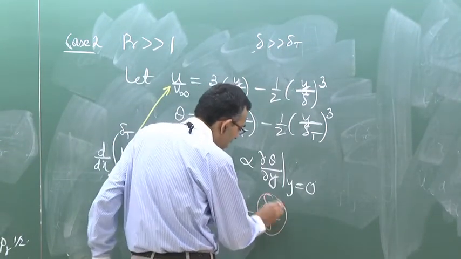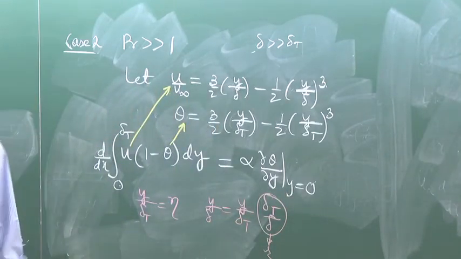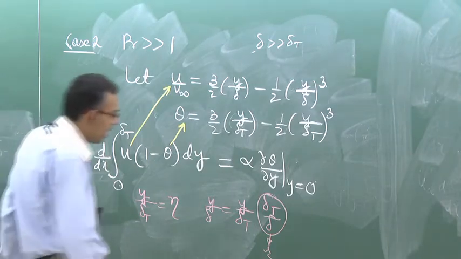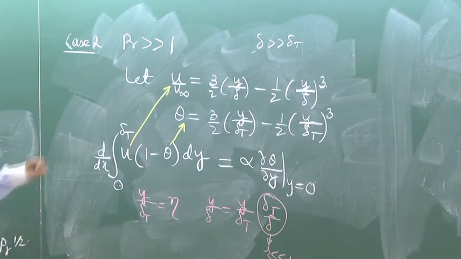Let us say that delta T by delta is equal to a ratio R. What is the value of this R, small or large? It is small, right? So this R must be much less than 1. So this we will use for algebraic simplification.